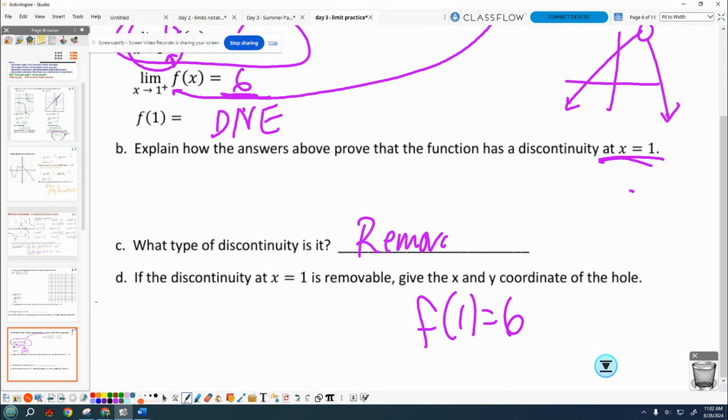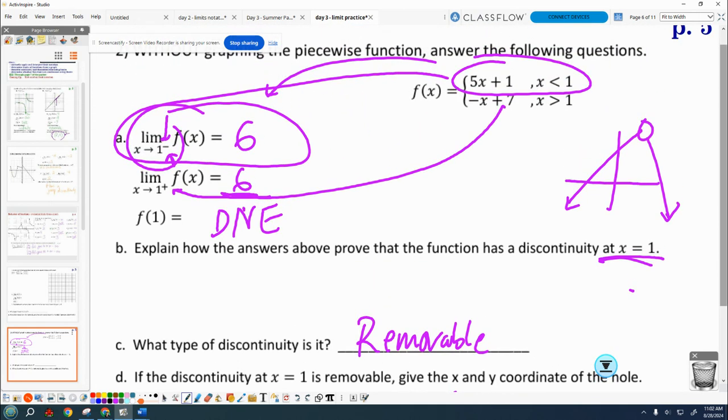This is a removable discontinuity. Yesterday we went over the definitions of what makes something a removable discontinuity or a jump discontinuity. Removable is the limit from the left and the right are equal, and the function is not wherever that guy is. Louisa, you remember that at all yesterday? I saw notes, you had things written down.